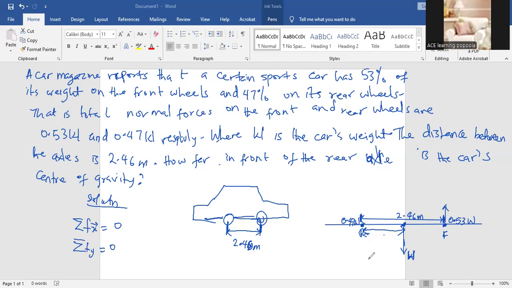None is acting sideways. The normal reactions from the rear and front wheels act up, and the weight acts down.